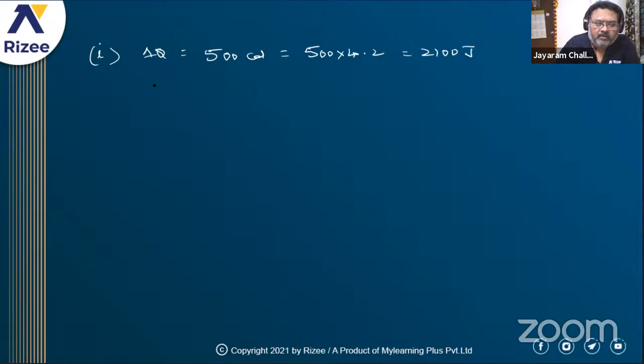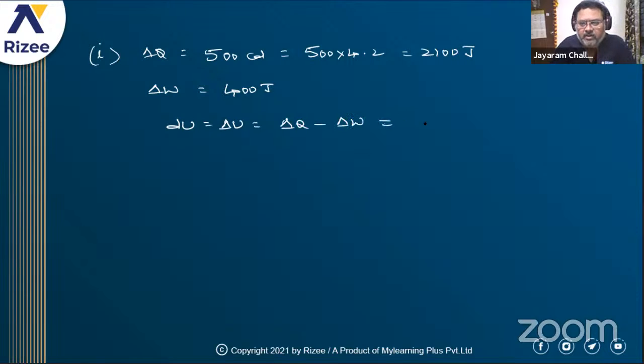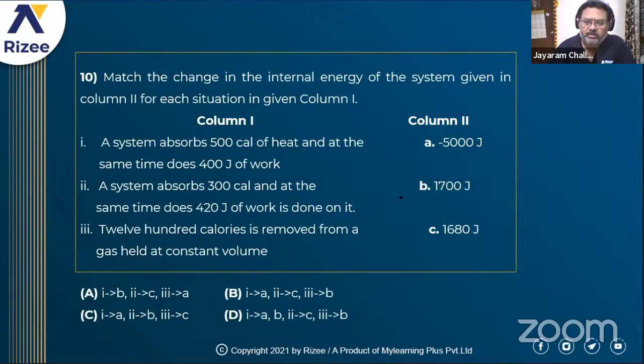And given that work done is equal to 400 joules. So it's a direct relation: delta u is equal to dq minus delta w, first law of thermodynamics. So 2100 minus 400 comes out to be 1700 joules. So this is a relationship, which means the first should be related to B. So one is related to B only in the first option.